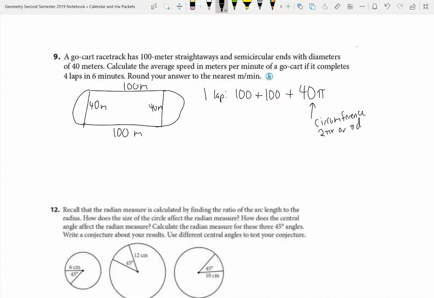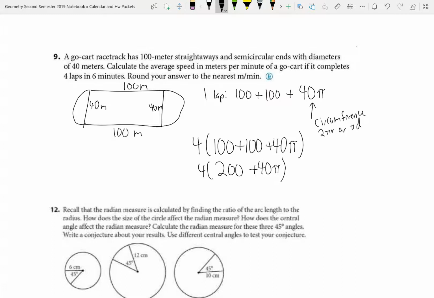So he goes 4 laps. The total distance is 4 times 100 plus 100 plus 40 pi. And that's going to be 4 times 200 plus 40 pi.